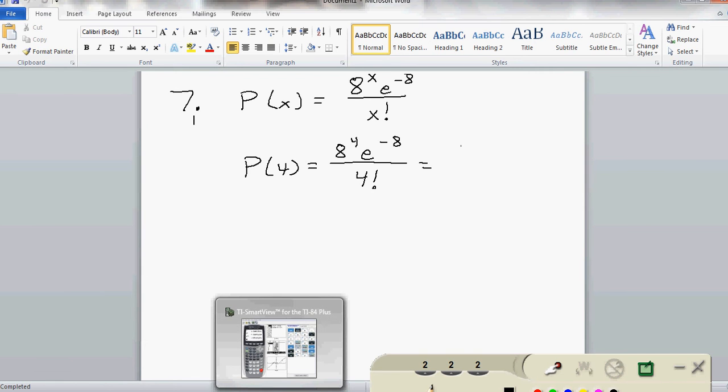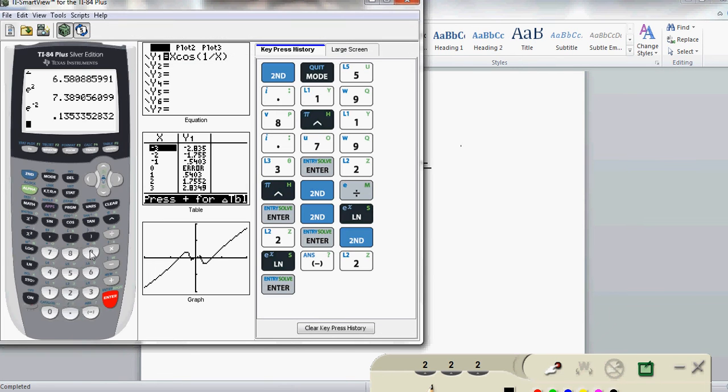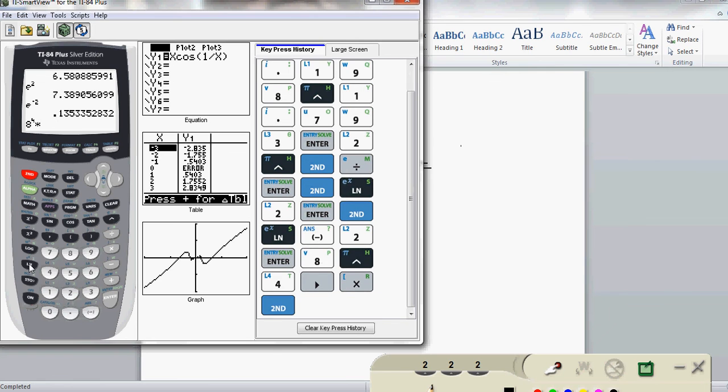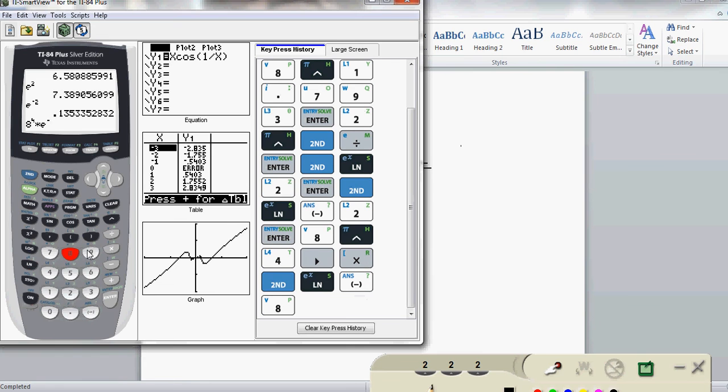And so this becomes 8 raised to the 4th power, times e raised to the -8 power, so I'm going to use the second natural log, that's e raised to the negative 8 power. I need to make sure I hit negative, not minus.